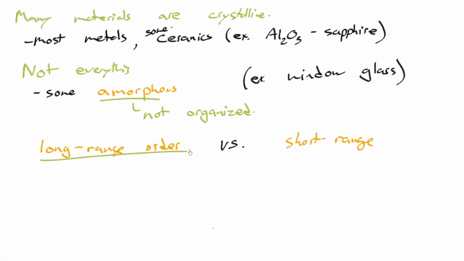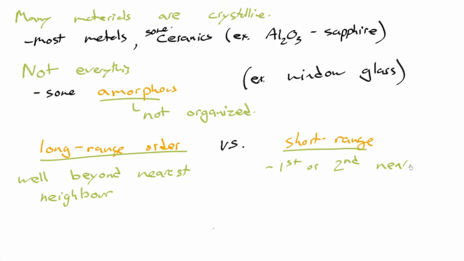Well, long-range order has order well beyond nearest neighbor atoms. I'll show you an example of that in just a moment. And then short-range order means that there's organization only at the level of the first or maybe the second nearest neighbor.